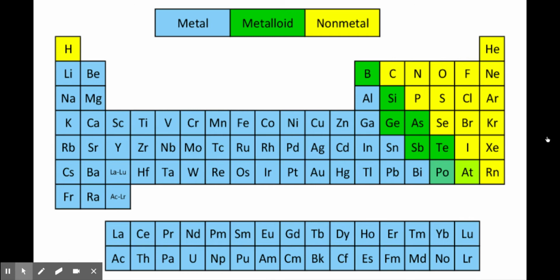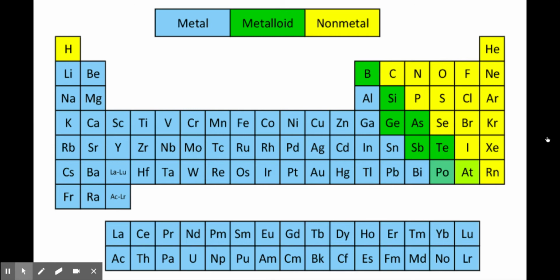Bond characteristic is really based on electronegativity differences between the different things that are bonding. Remember, electronegativity is how strongly things are pulling electrons towards themselves.